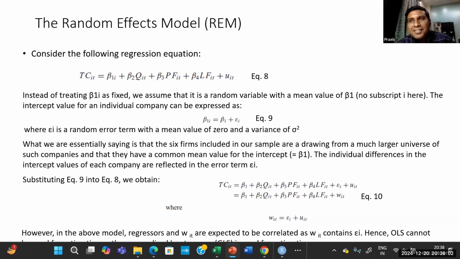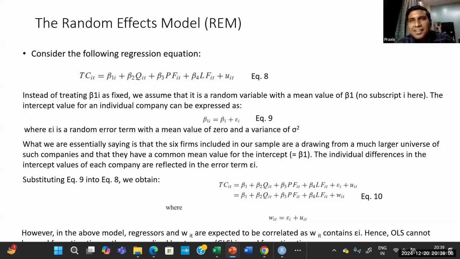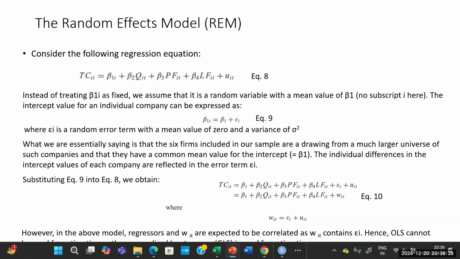I made it more specific, but in generic terms, each bank may be different from each other, but they may have something common. That common factor is expressed by this beta 1. That common factor plus some deviation makes their individual effect, right?